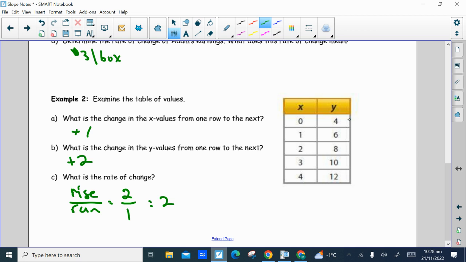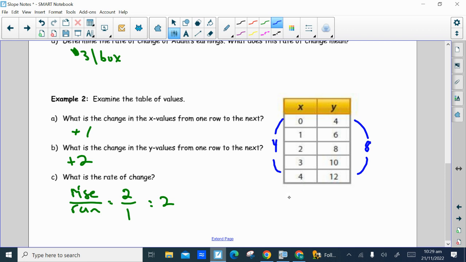If we look at each case, y goes up by 2. So if we wanted to do it using two different points, let's say we went from the first point to the last point, y is going from 4 all the way to 12, that's a jump of 8, and x is going from 0 up to 4, so that's a jump of 4.